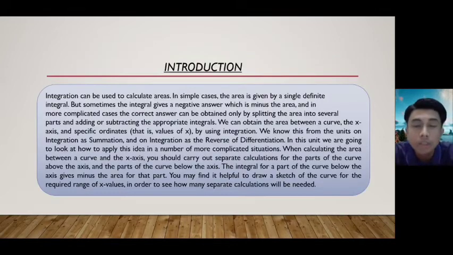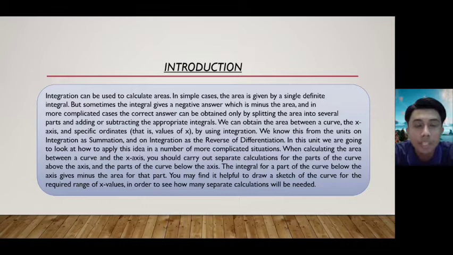Okay, so first, introduction. What is the meaning of integration? Integration can be used to calculate areas. In simple cases, the area is given by a single definite integral, but sometimes the integral gives a negative answer, which is minus the area.